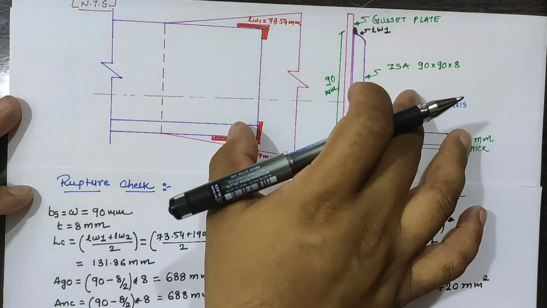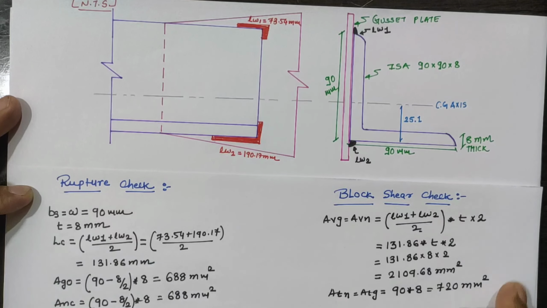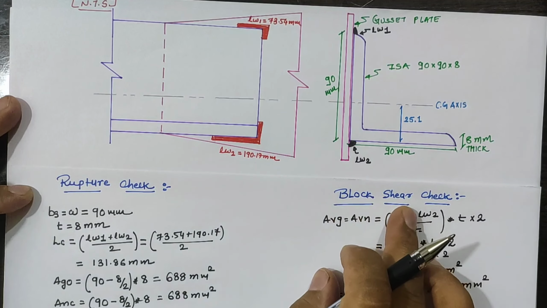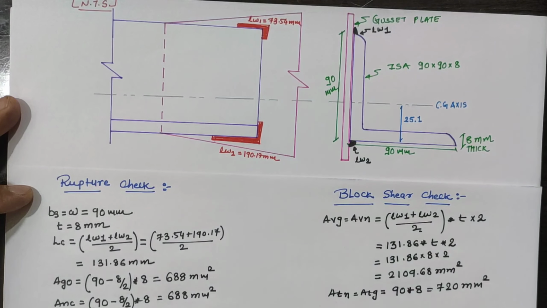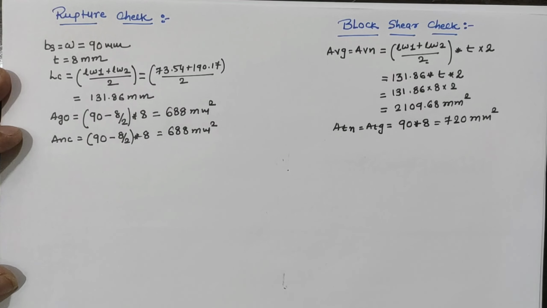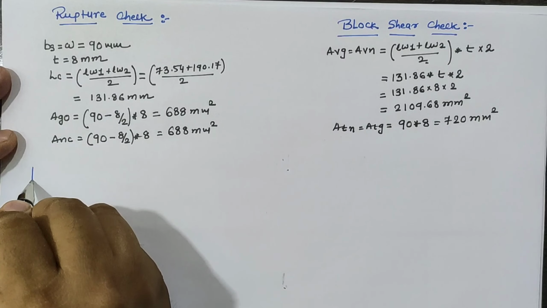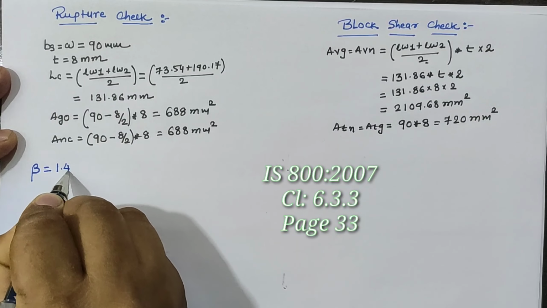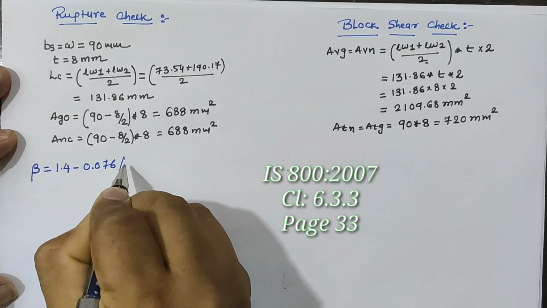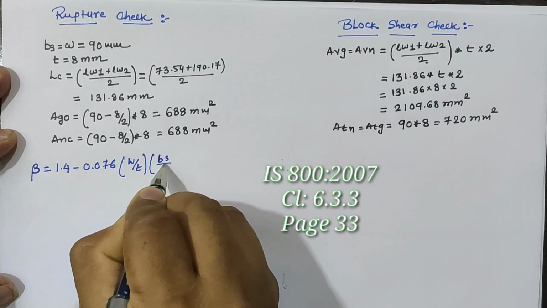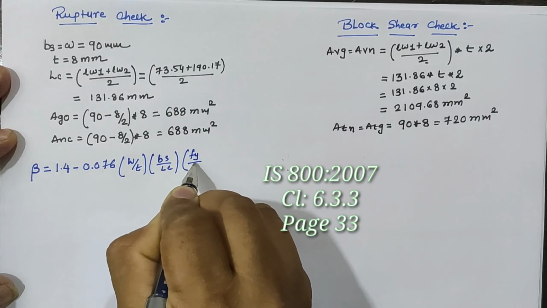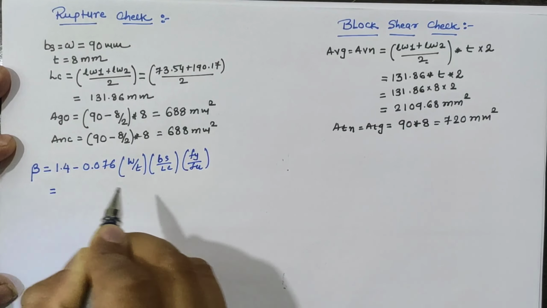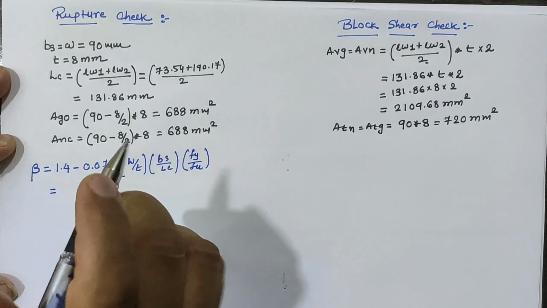So from the figure we can calculate all the required data for the rupture check and block shear check. Now let us go for the checking part. According to the IS code, first we require the value of beta, which is equal to, now let us put all the values in the equation.